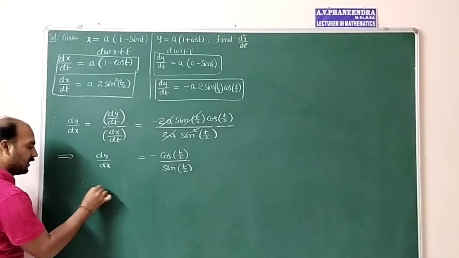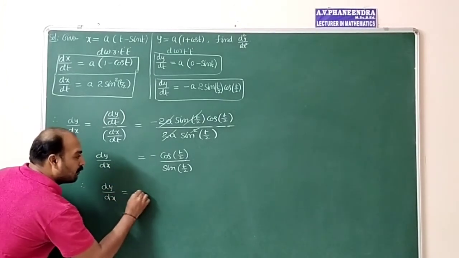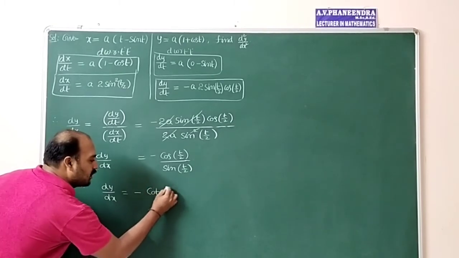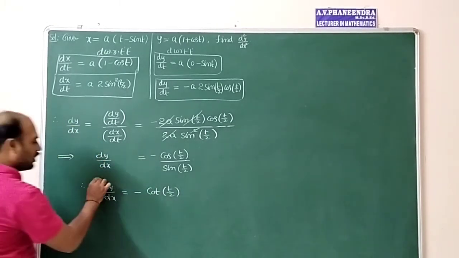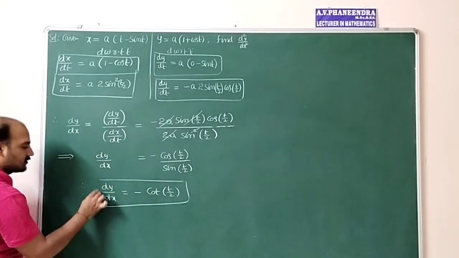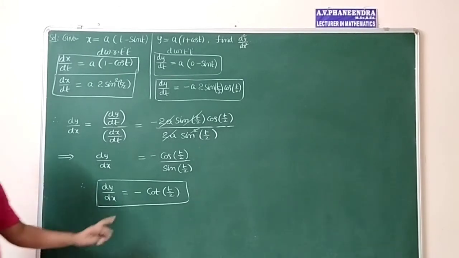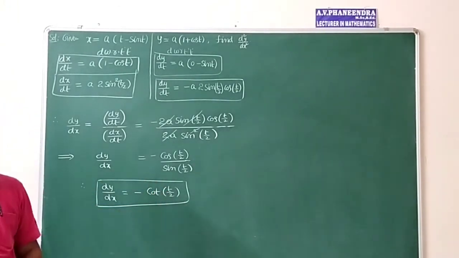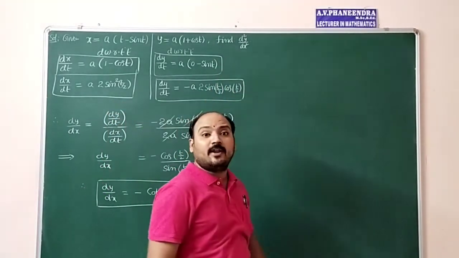Therefore, dy by dx is equal to minus cot t by 2. We got the value of dy by dx: dy by dx equal to minus cot t by 2. But they are asking not dy by dx, but d square y by dx square.